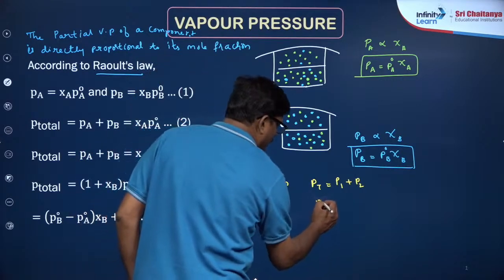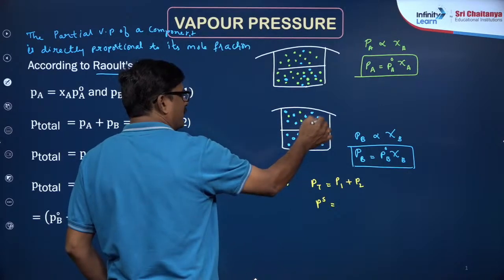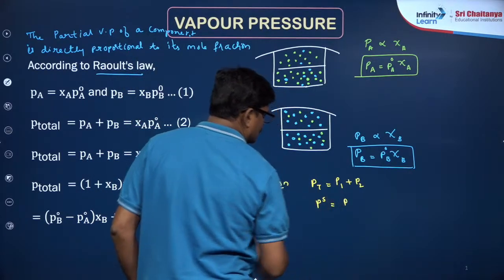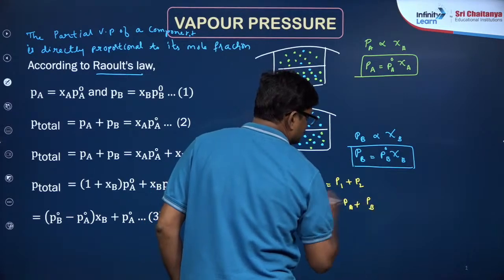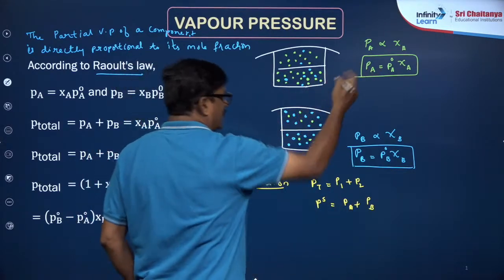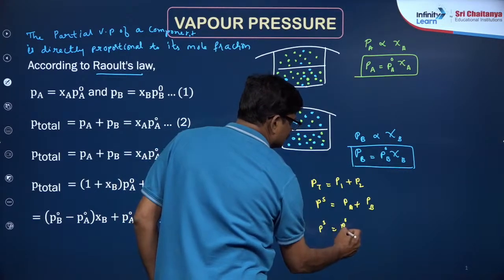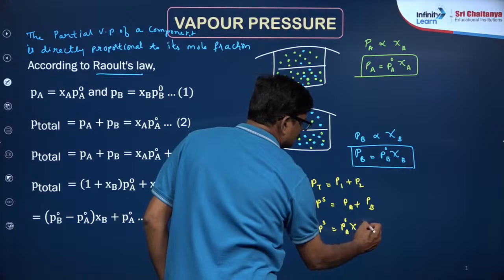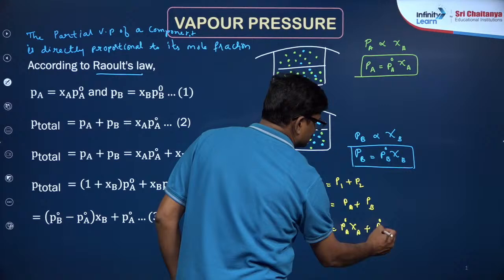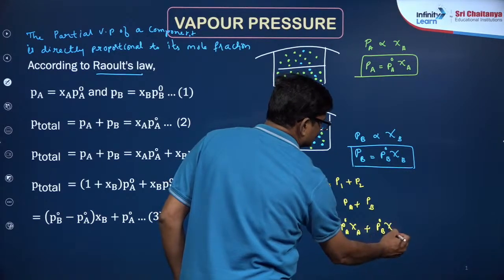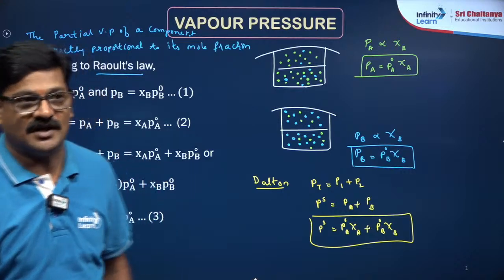So the total vapor pressure of the solution is equal to Pa plus Pb. Pa is equal to P naught A times the mole fraction of A. Pb is equal to P naught B times the mole fraction of B. This is how you use Raoult's law.